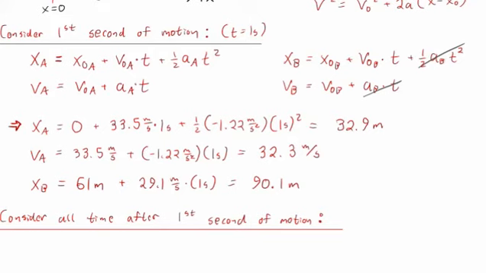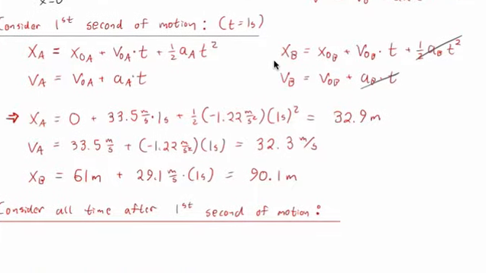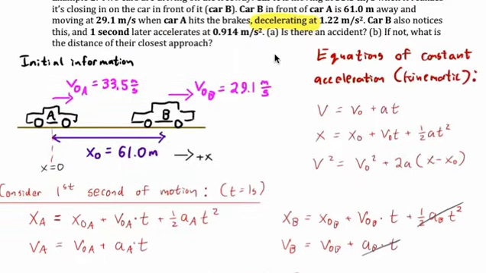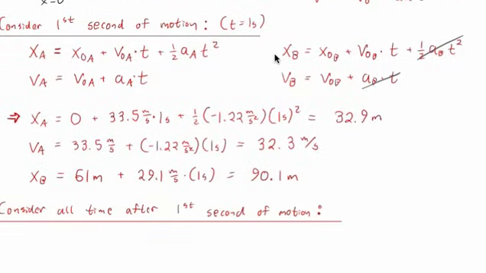We're going to feed forward the information from the previous part, and that's really going to be the key to what we need to do here. So what is that going to look like? Well, we're going to have the same sort of equations, and then we want to tackle the question, which was, do they crash? And that's one where we have to really interpret that question and say, what does that look like as a mathematical expression?